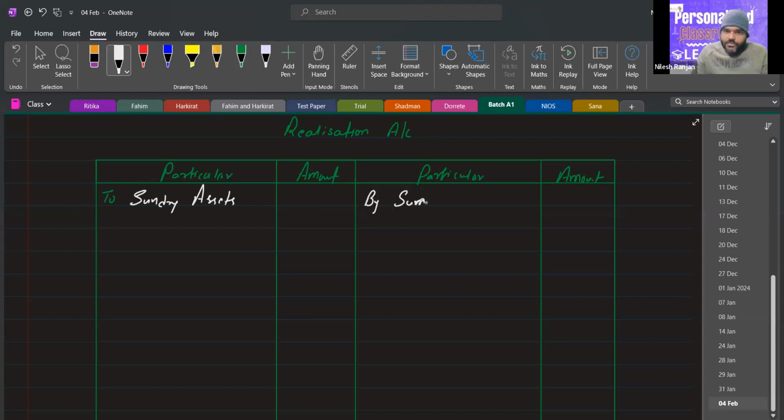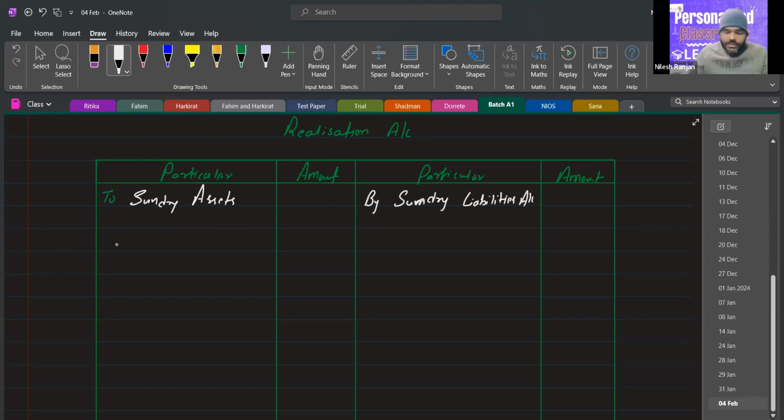I have written sundry, but you have to write the separate name of all the assets and liabilities. After this, you have to remember that debtors will be written at gross value, not net value. Okay.